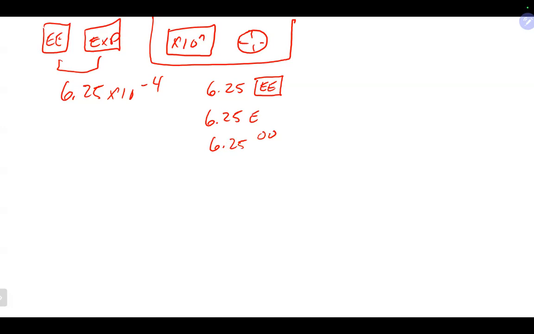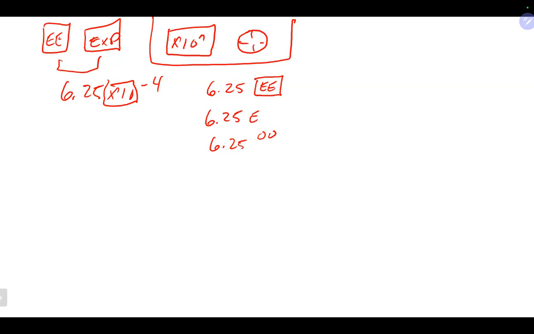When you hit the EE button or the EXP button, it represents the times 10 part of the number, which means you don't need to hit the multiplication button. You don't need to hit the second log button. If you're doing any of those things, or the caret button, you're going to be wrong.